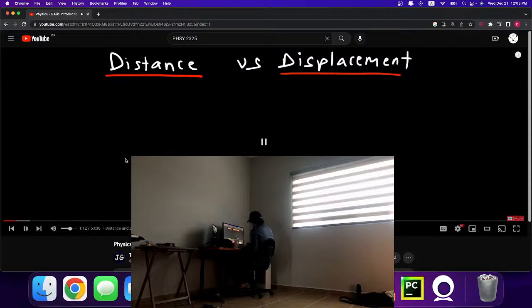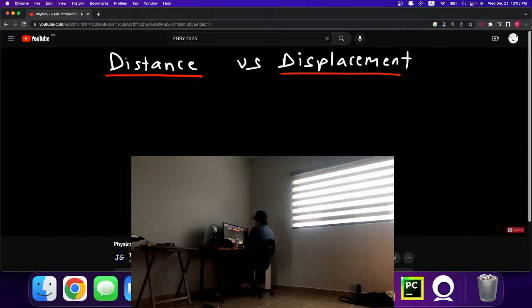Direction is important for displacement.